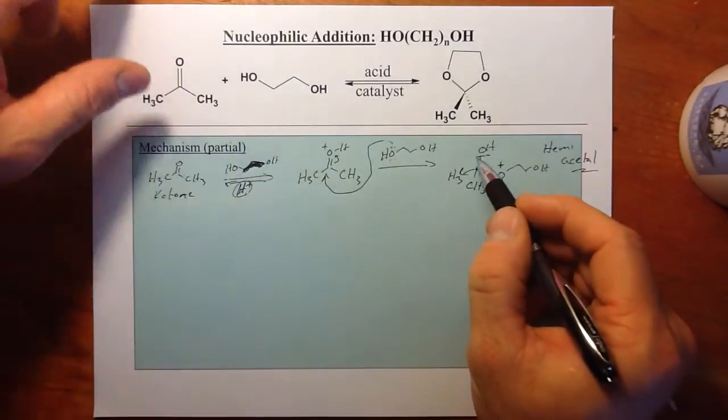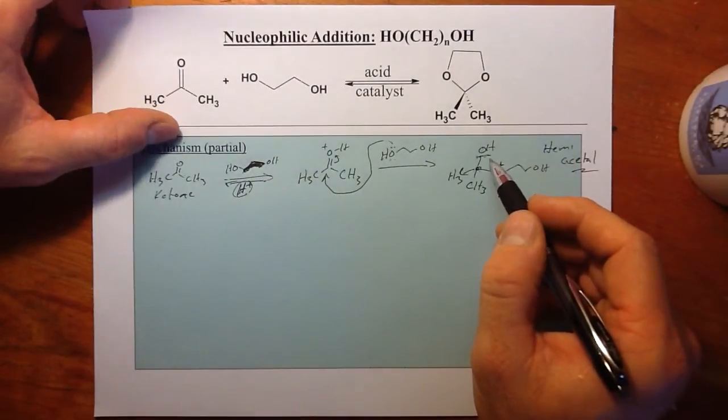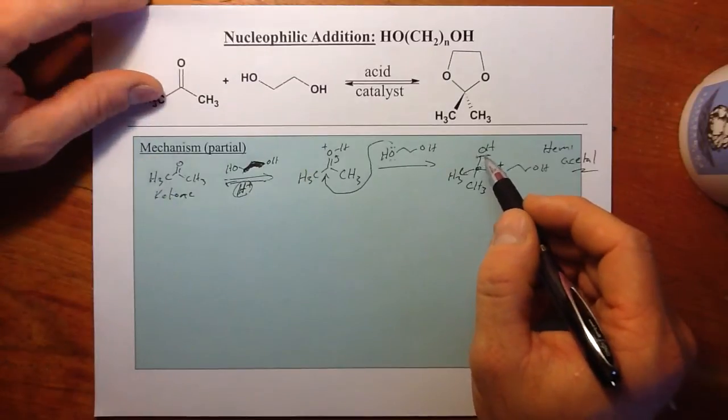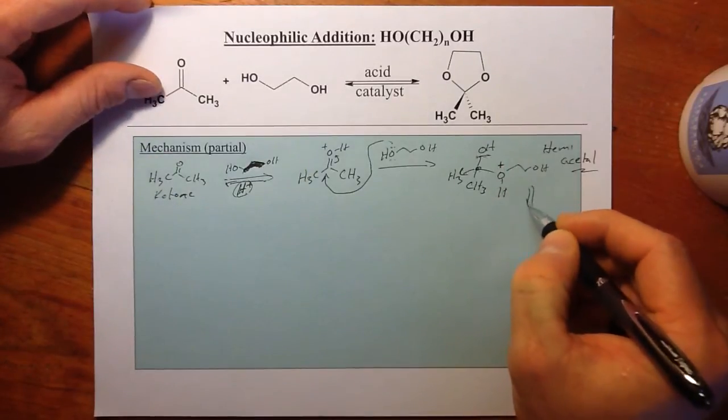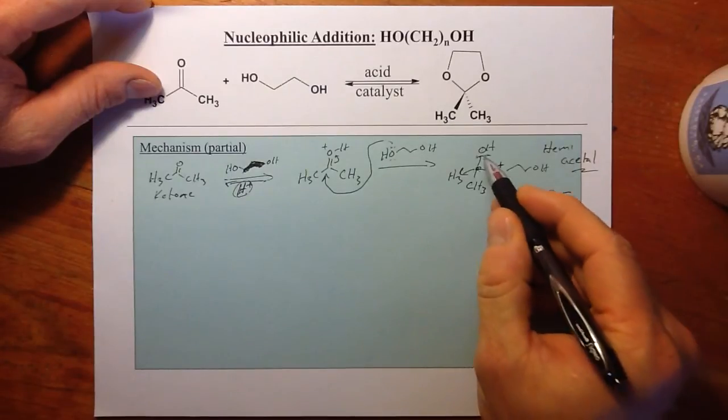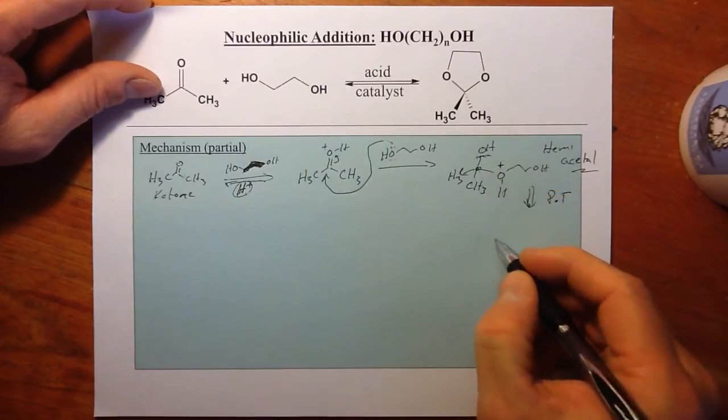It wouldn't be an acetal because we still have the OH from the oxygen of the original carbonyl. We have that in the OH form. So now we're going to do a PT, that's a proton transfer, to make this a good leaving group.